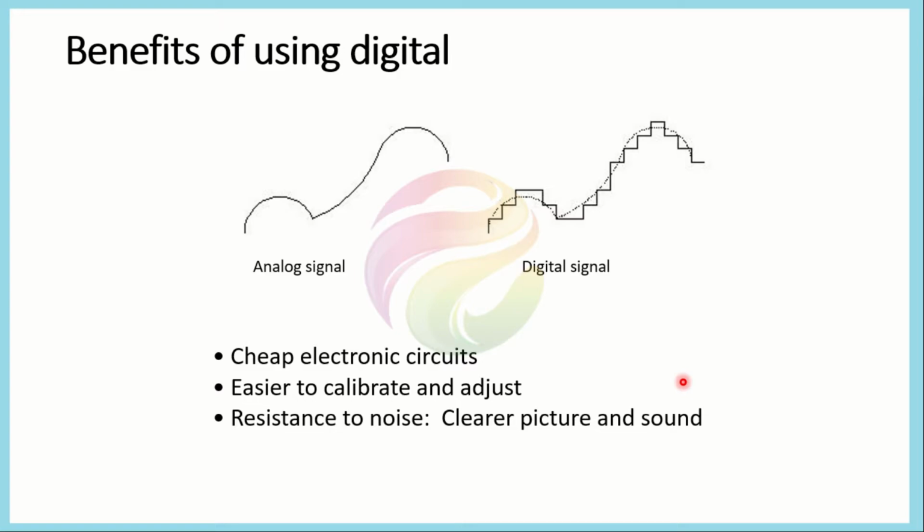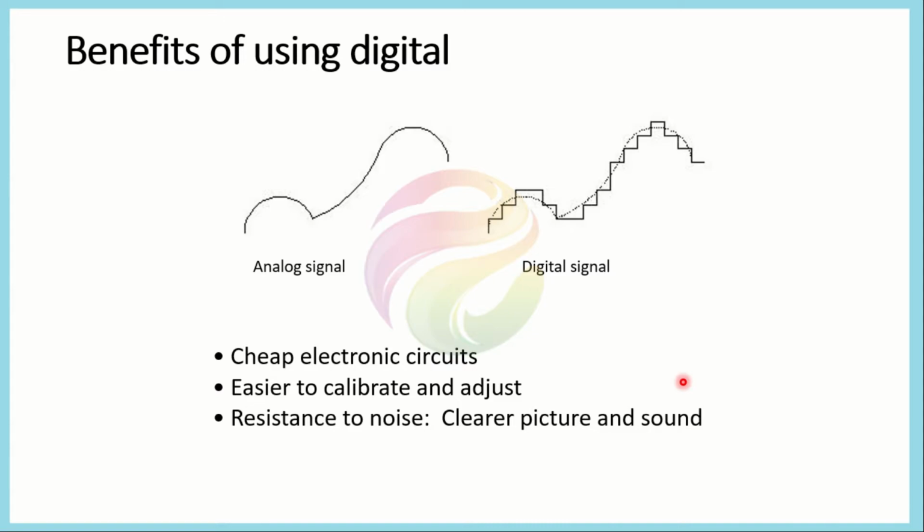But in the digital system, most of the processing is done by a computer or a microprocessor or a microcontroller. In that case we can always manipulate the programming code, and we can change how our system will behave. So it is much easier to adjust and calibrate the system in the digital domain.